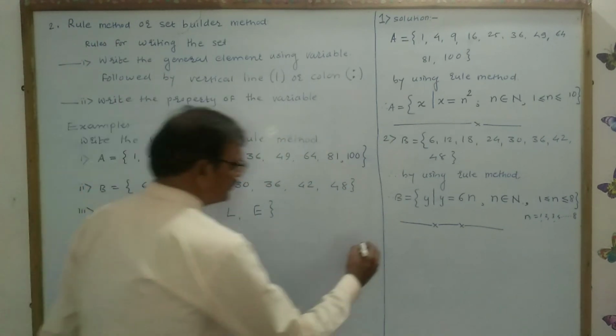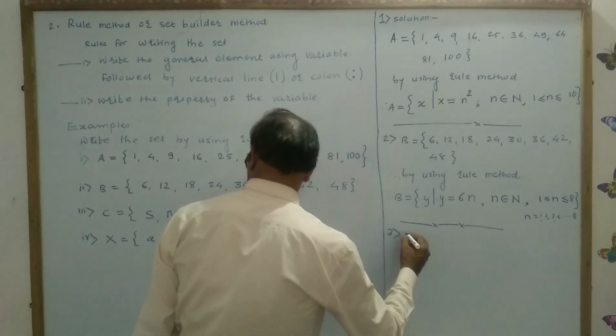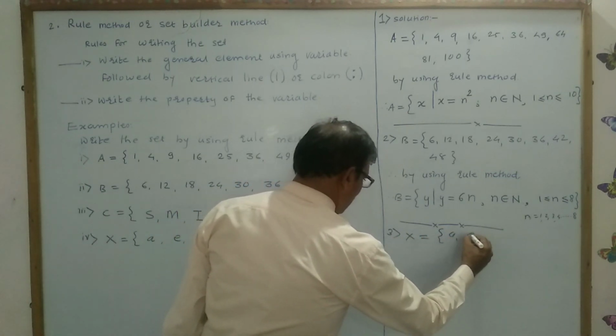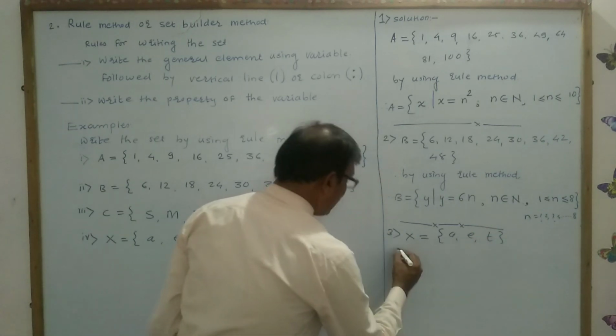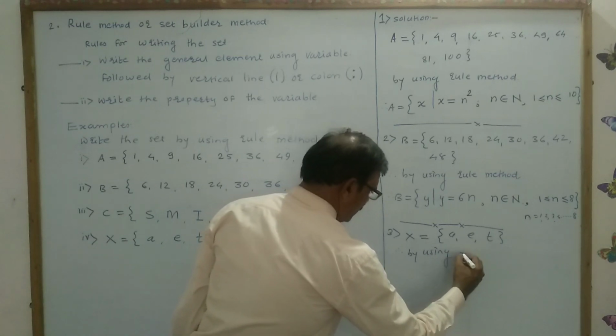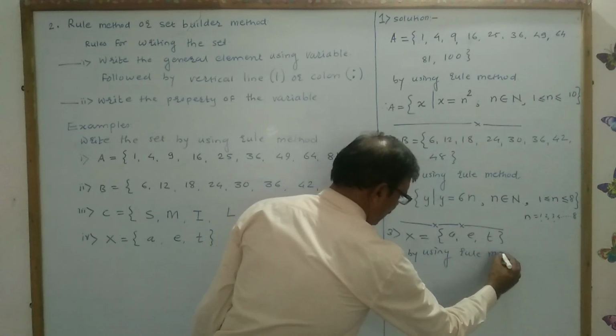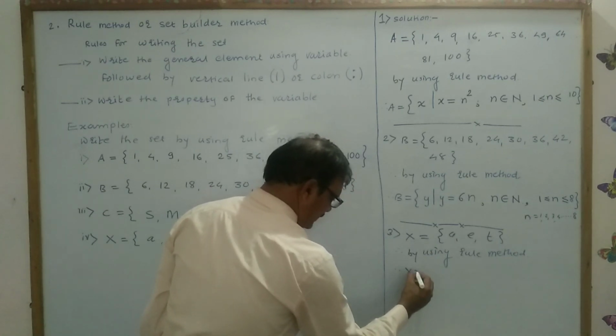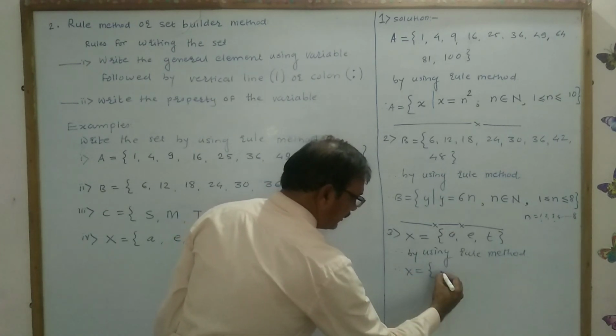Now third, that is X is equal to A, E and T by using rule method. So therefore, X as it is, take any letter.